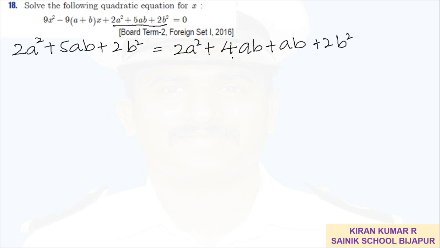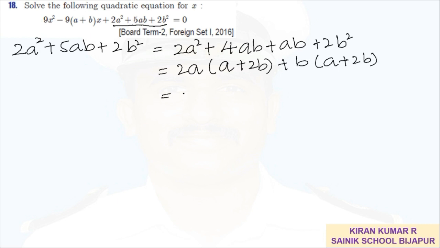I'll split as 4ab plus ab. First two terms, there is 2a common, a plus 2b will remain, plus b is common, a plus 2b will remain. In the next step, I'll write the product directly, 2a plus b times a plus 2b.